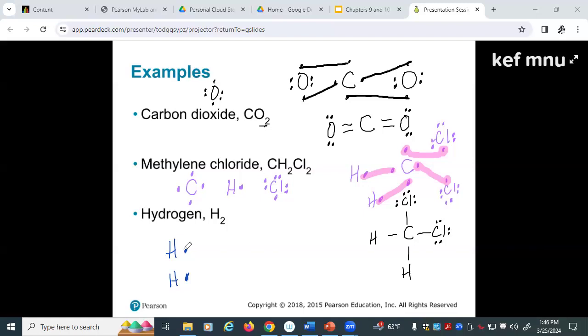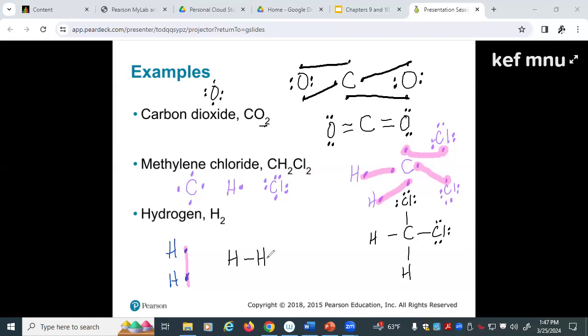All I would need to do is pair them up. And if I redraw that, I just need to show that bond between them to signify that they're sharing those 2 electrons.